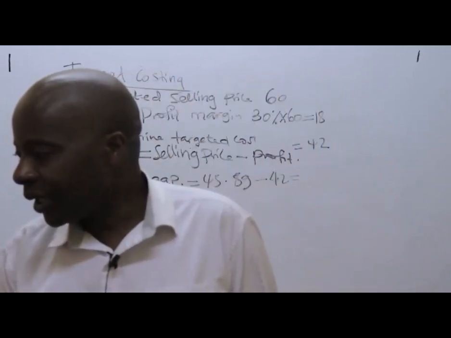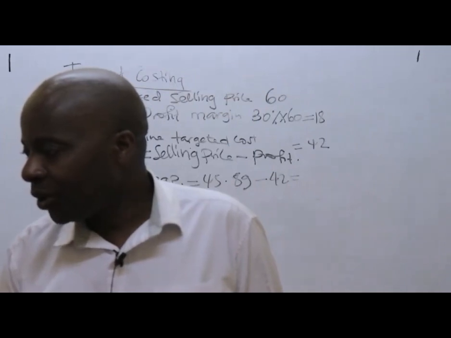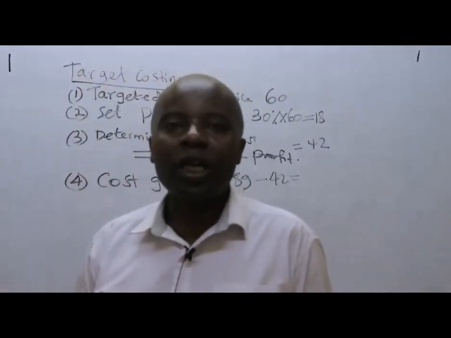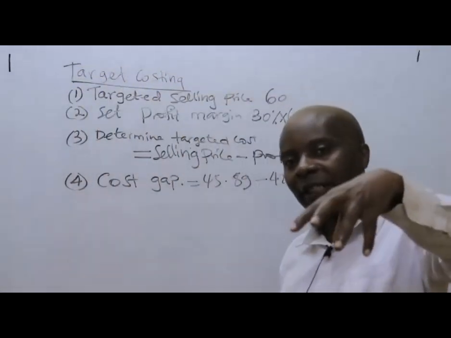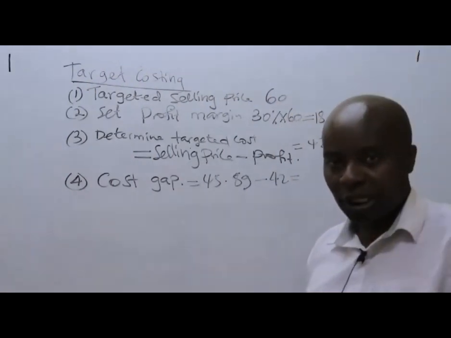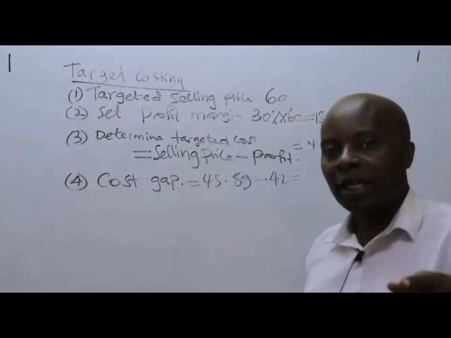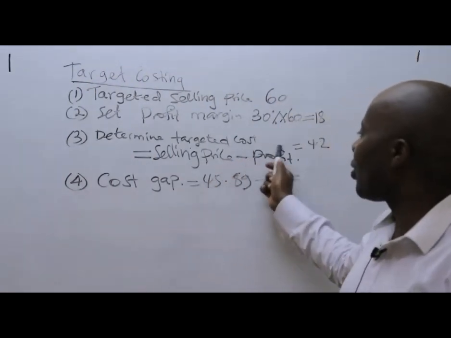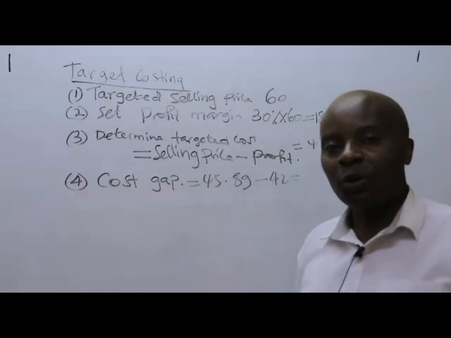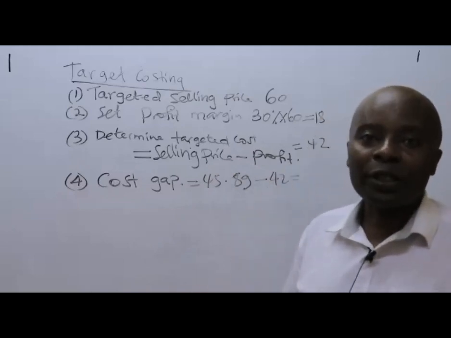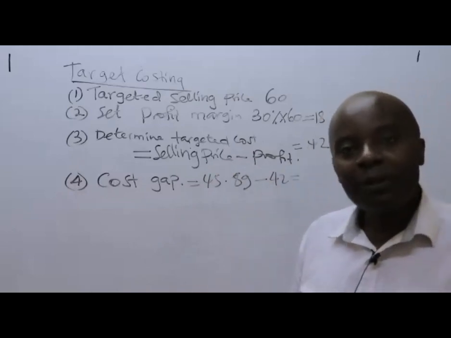So ladies and gentlemen, how do we get the gap? To get the cost gap, you take the manufacturing cost, all those costs associated with producing the product, minus the targeted cost. And then you'll be able to get the cost gap. Cost gap is not a nice thing.